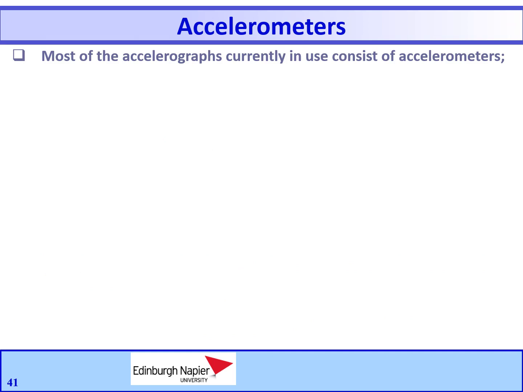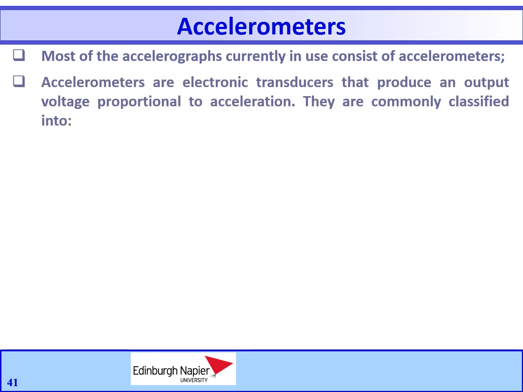Most of the accelerographs currently in use consist of accelerometers. Accelerometers are electronic transducers that produce an output voltage proportional to acceleration.